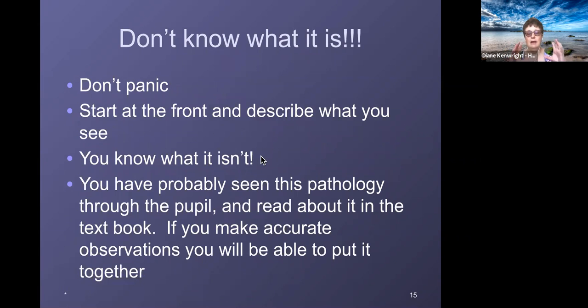Right, at low power, if you can't see a tumor, you know it isn't that. It might be a glaucoma where the cup hasn't formed yet. So start at the front and describe what you see, and you should eventually have enough facts to put it together. And remember, you've probably seen this pathology through the pupil and read about it in the textbook. So if you're able to make accurate observations, you can put it all together.